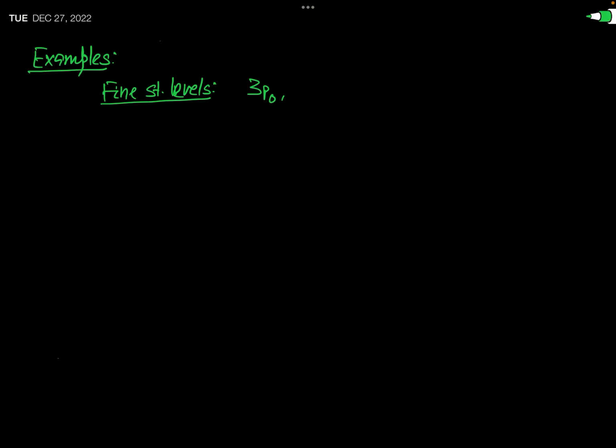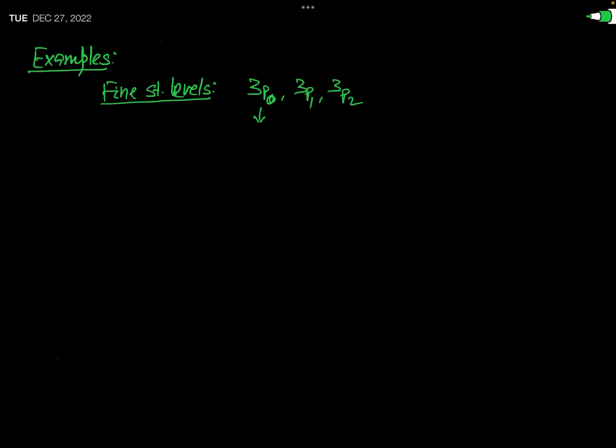The three fine structure levels we consider are 3p0, 3p1 and 3p2. Now, for this 3p0 level, you know this subscript 0 actually represents the value of j.